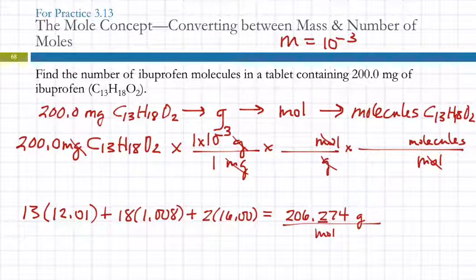And because of the masses I used, it's going to have 4 sig figs. So 1 mole weighs that many grams. So I've got 1 mole of ibuprofen, and down here I'm going to put the number of grams, 206.274.